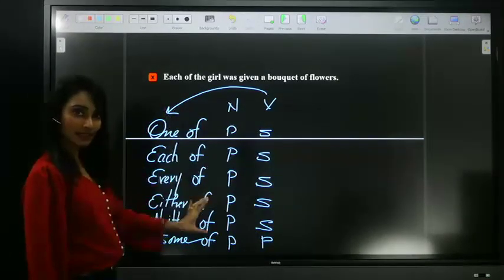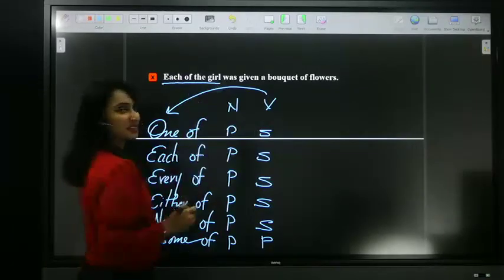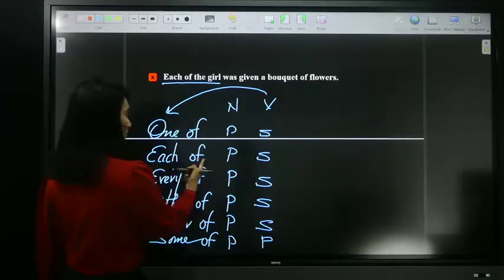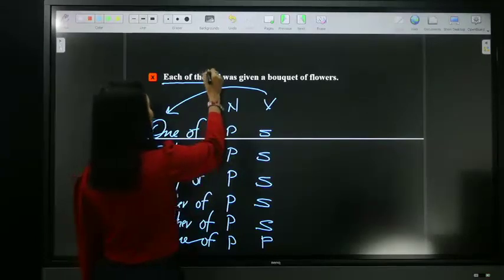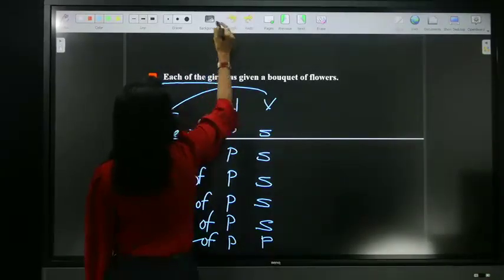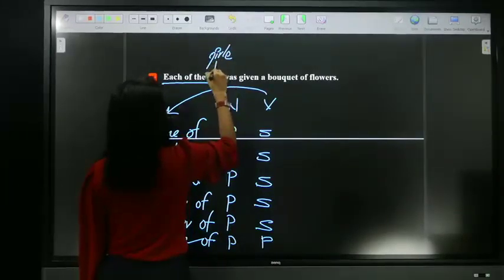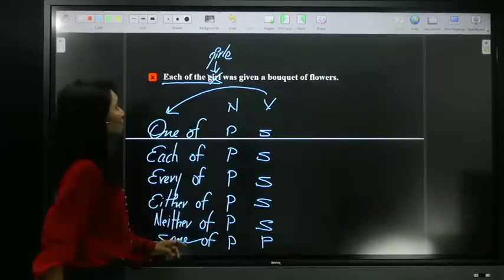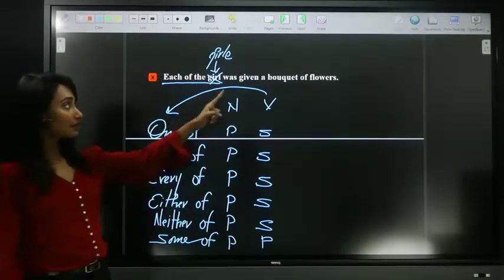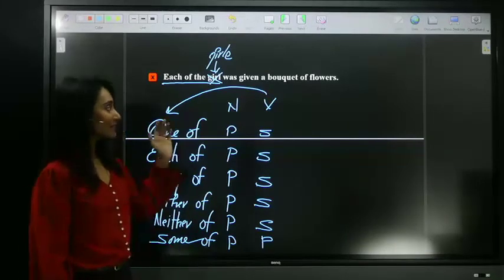In this rule, each of the takes plural, so replace girl with girls. So, each of the girls was given a bouquet of flowers. I hope it is clear, guys. Now let's see the next one.